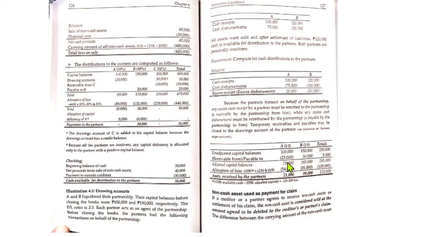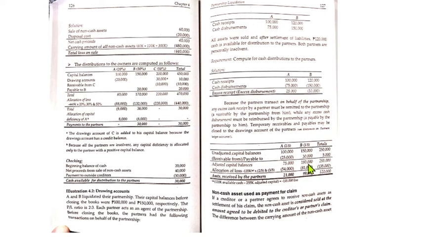So since this is a receivable, you have to deduct it to your capital balance. Itong kasing mga temporary receivables and payables, these are additions to the drawings account. Yung receivables are additions to the drawings account while the payables are reductions to the drawings account. So when we adjust the capital balance, 75,000 for A na lang and 180,000 for B.